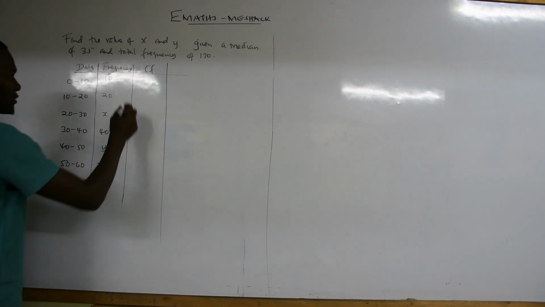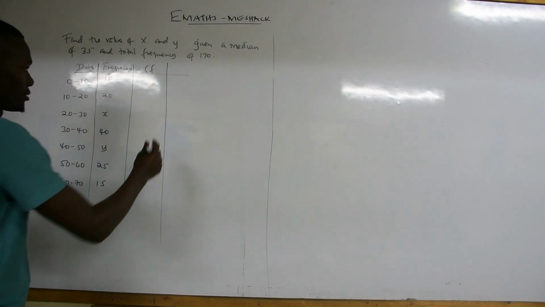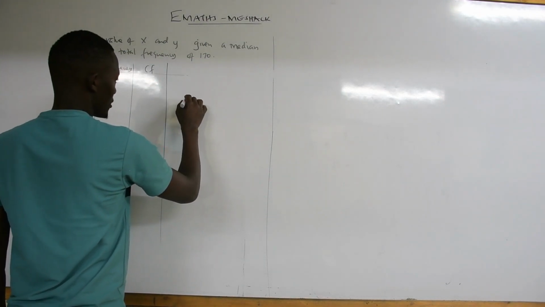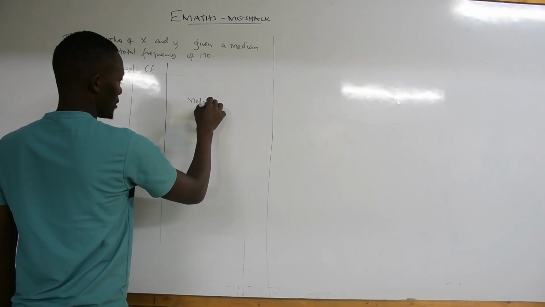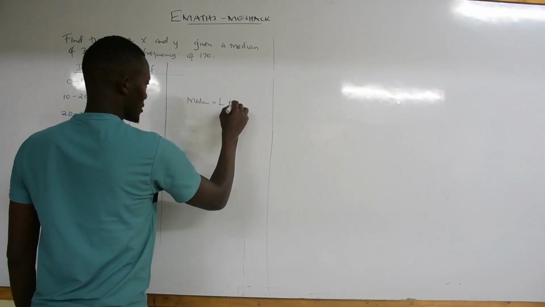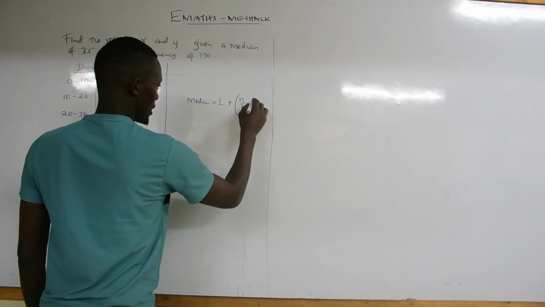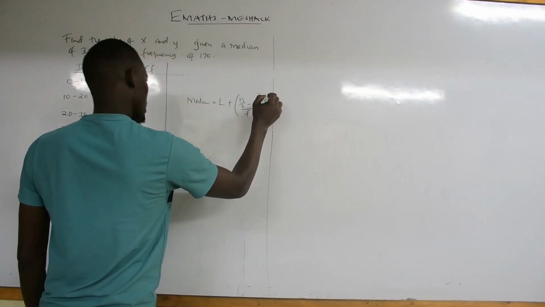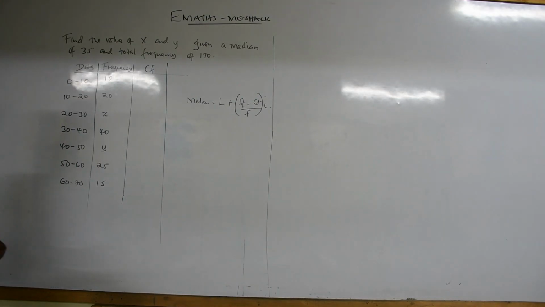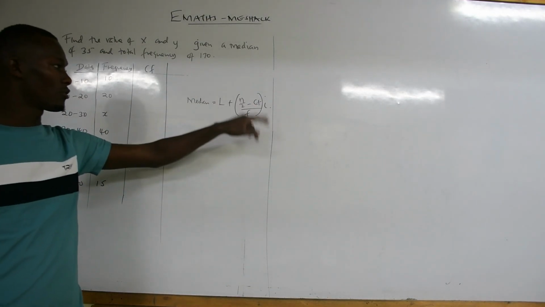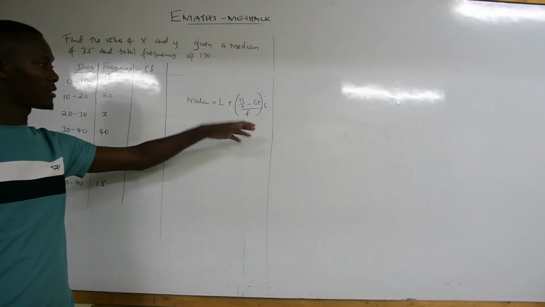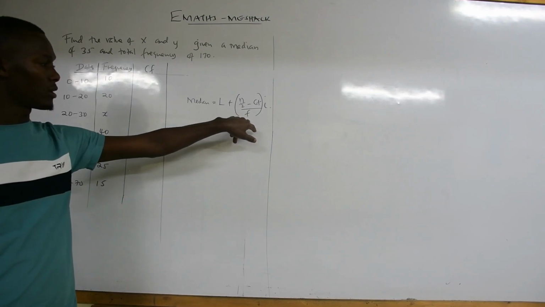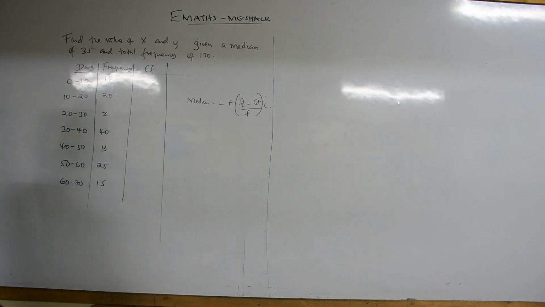So now let's take how we get our CF. The formula for the median will be given by L plus N over 2 minus CF over F, then multiply by the interval. So we need the lower class limit, N over 2, the CF above, then the F, then the I. Now let's first of all get the CF.